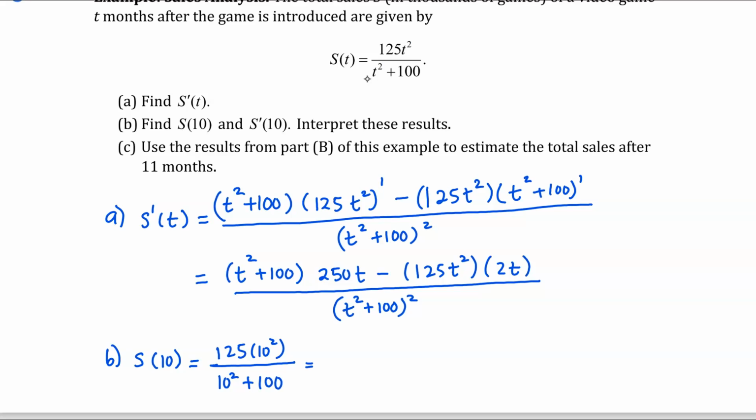So 10 squared is 100, so 125 times 100 is 12,500, divided by 10 squared, which is 100, plus 100 is 200. We can cancel the zeros here, and 125 divided by 2 is 62.5.